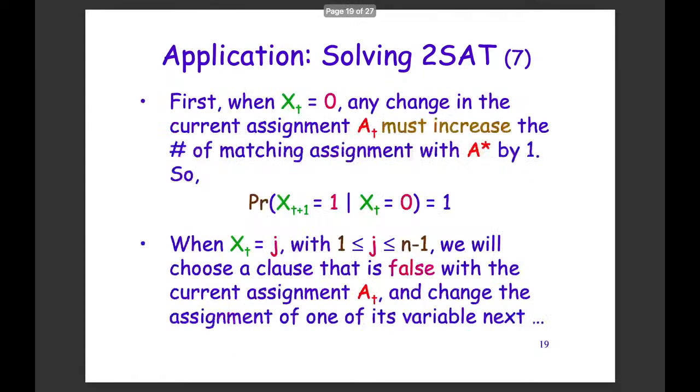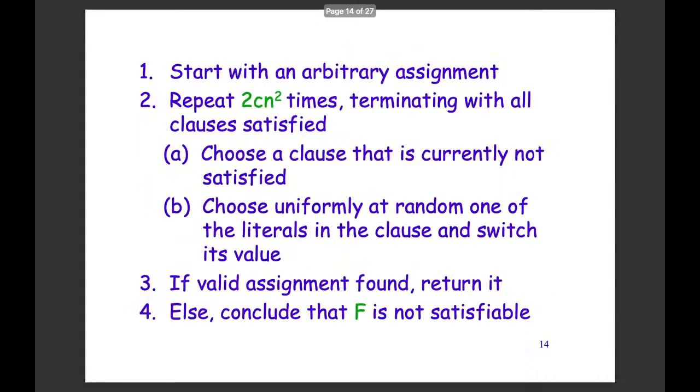So let's recall the algorithm looks like this again. Here, think of this step as c batches of 2n squared runs. For each 2n squared, we have a half chance of getting the optimal assignment. So with c batches, we will have more than 1 minus 1 over 2 to the power c chance to get an optimal assignment.